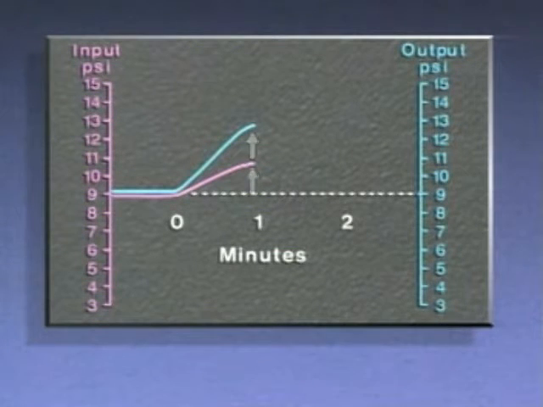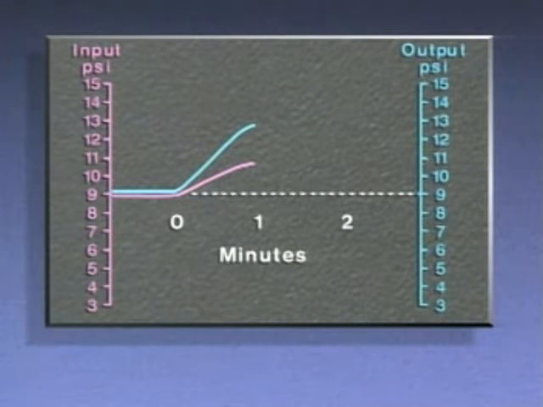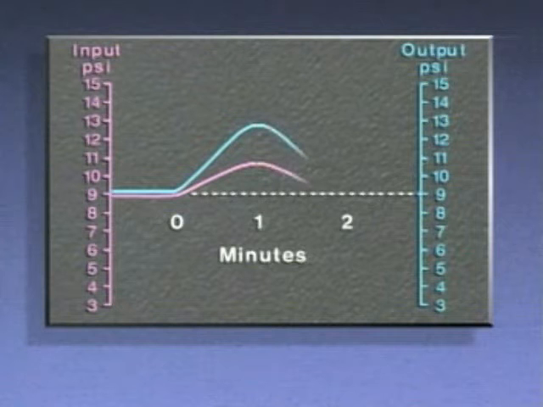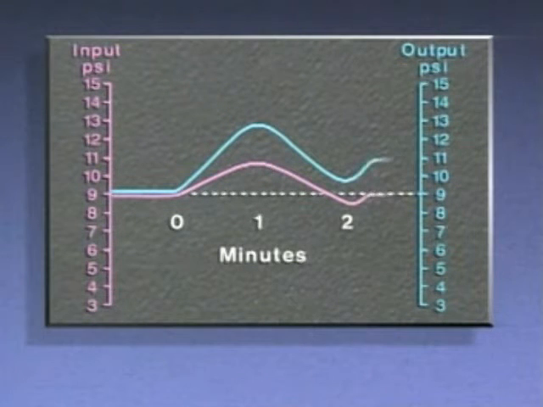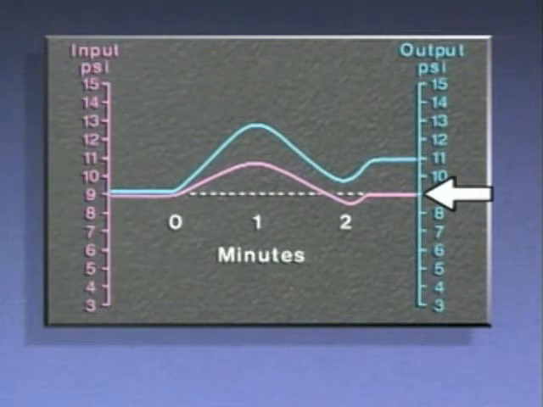This is sometimes described as 1 minute per repeat, or 1 MPR. As the level of water in the tank dropped, both signals decreased, then fluctuated briefly before returning to steady state. That's because the value of the controlled variable, represented by the input signal, returned to its original set point of 9 psi.